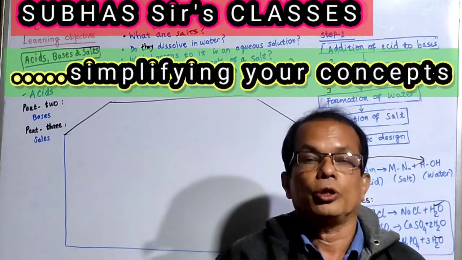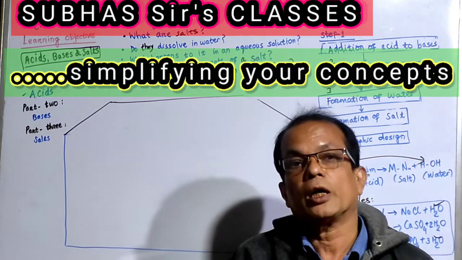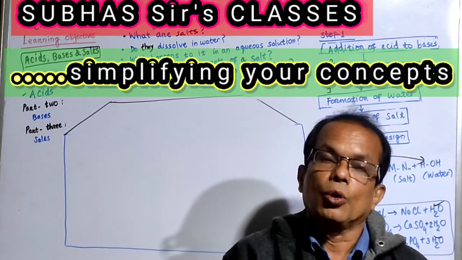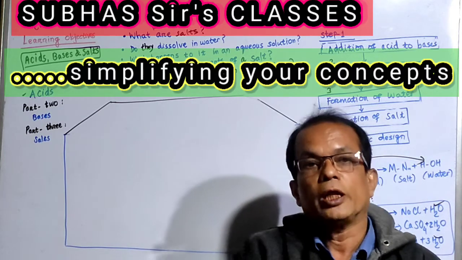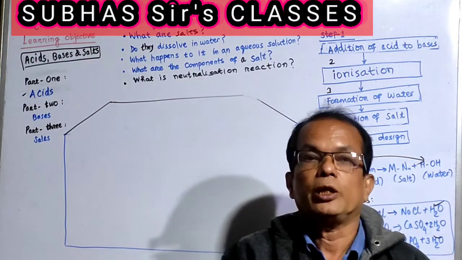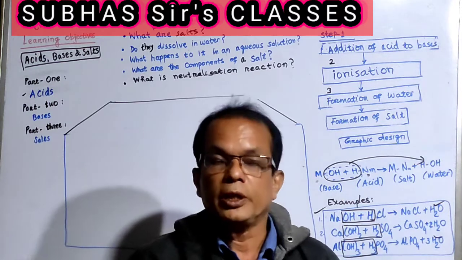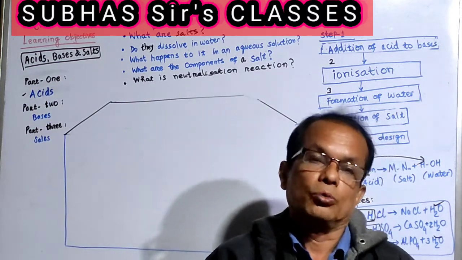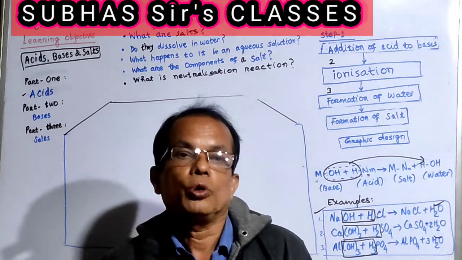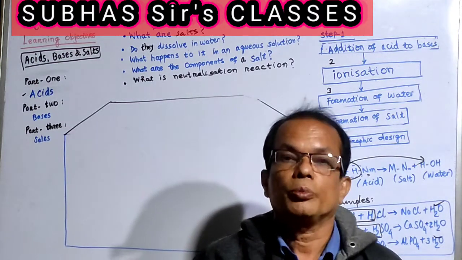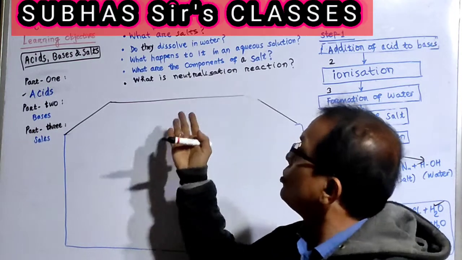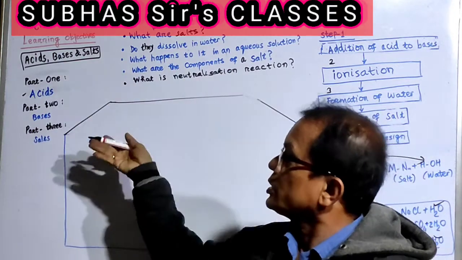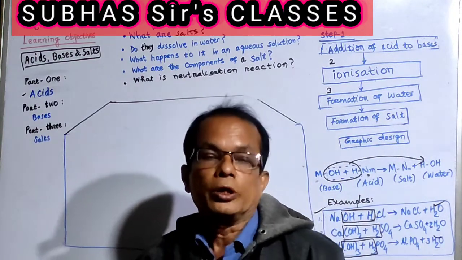So in a solution you will find the base and the acids present again. Whenever the reaction takes place and it finishes, then you find the salt, which precipitates generally, and water. Some salts are well dissolved in water, so you will find the aqueous solution of that salt. So this is how our acids, bases and salts are interrelated.